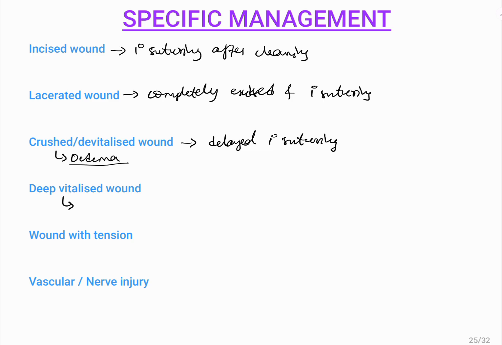In case of deep vitalized wound, there will be complete excision of the wound and the wound is allowed to granulate first. After formation of a granulation tissue, if the wound is a small wound, there will be secondary suturing.